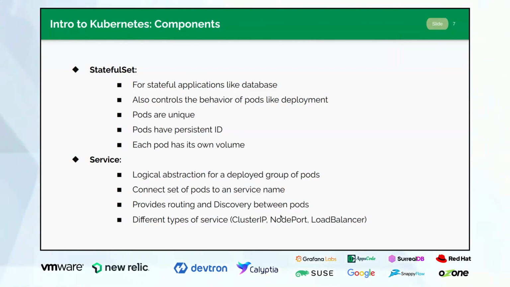So you can actually connect with a service to a pod or different pods. There are different types of services, like cluster IP. With cluster IP services, you can actually connect to the pods only within a cluster. Then there is node port service.